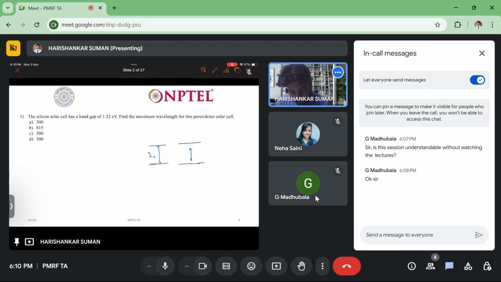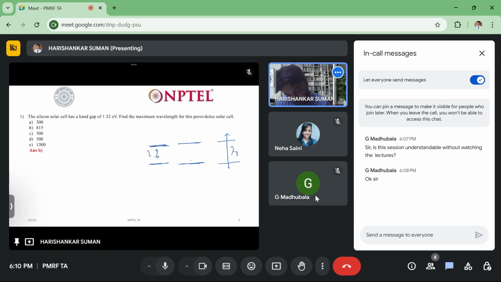This is lambda 1, this is lambda 2, this is lambda 3.